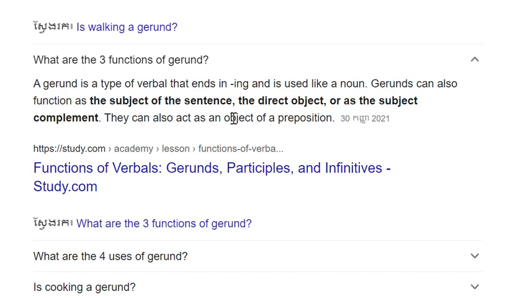A gerund can also function as the subject of the sentence, the direct object, or as the subject complement. They can also act as an object of a preposition.